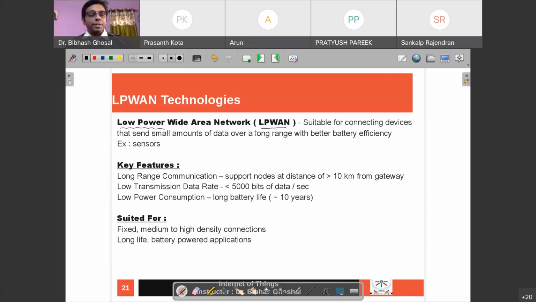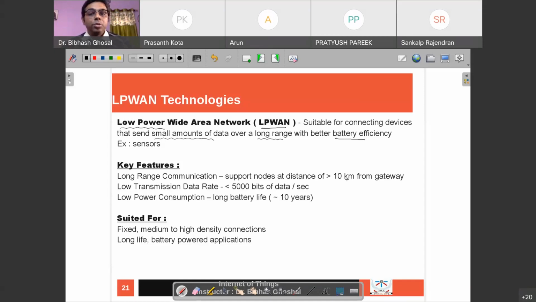The idea is that you have to use a low power, low bandwidth network, but the data has to be sent over a long range. This is the difficulty. You have to send small amounts of data because your data rate is limited, but you have to send it over long range and with better battery efficiency, so that the battery doesn't drain out. These three things have to be put into one.